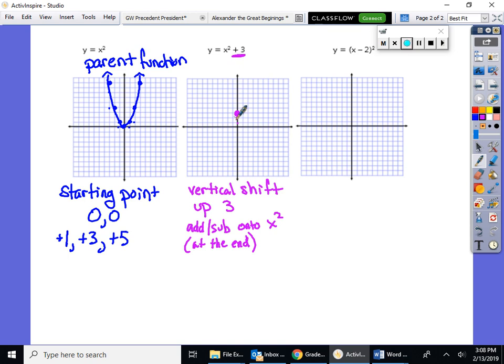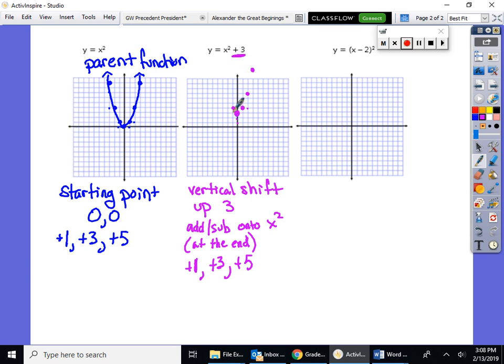Now we still use this plus 1, plus 3, plus 5. So I'm going to go right 1 and up 1. Right 1, up 3. Right 1, up 5. So it follows that pattern of plus 1, plus 3, plus 5. I'm going to do the same thing for the left side.